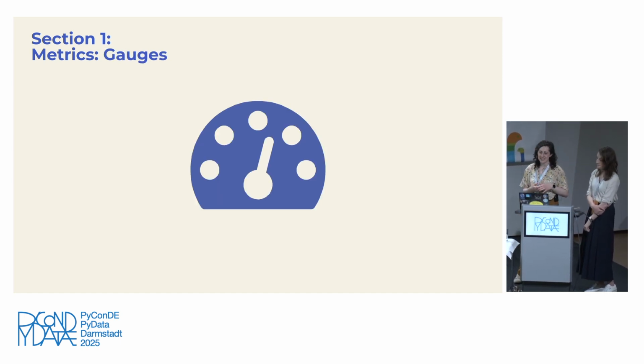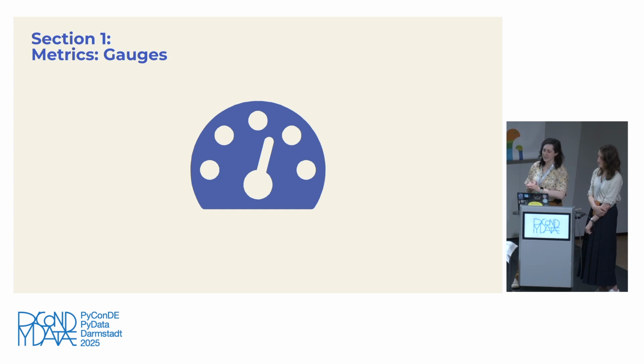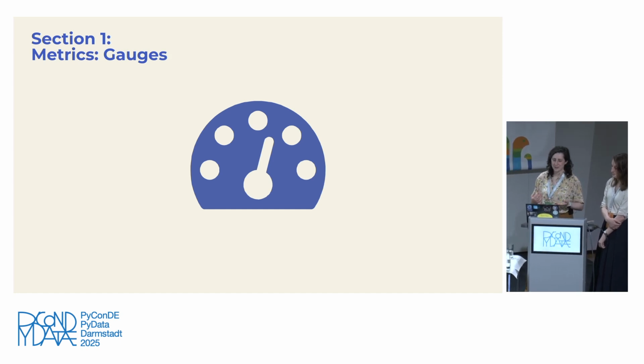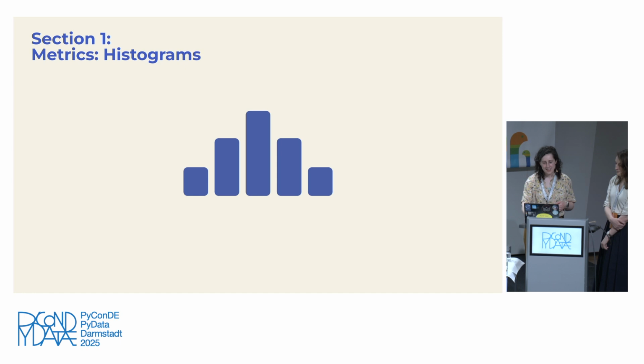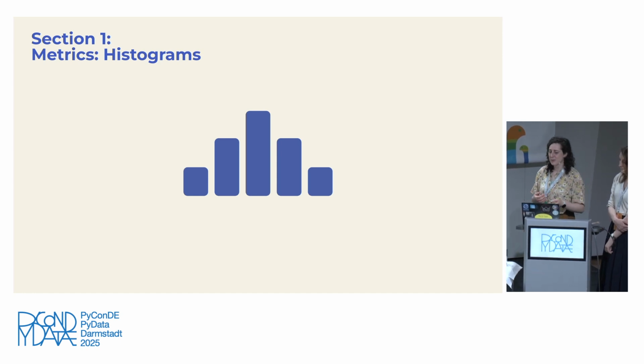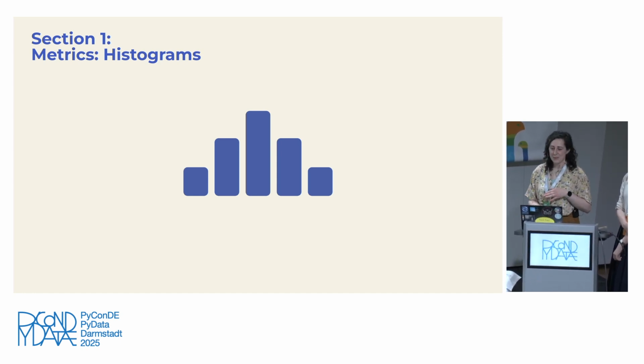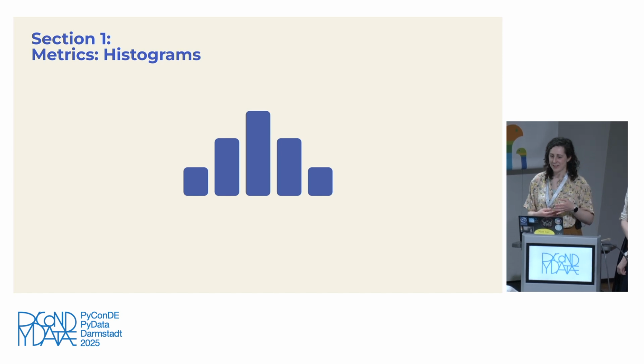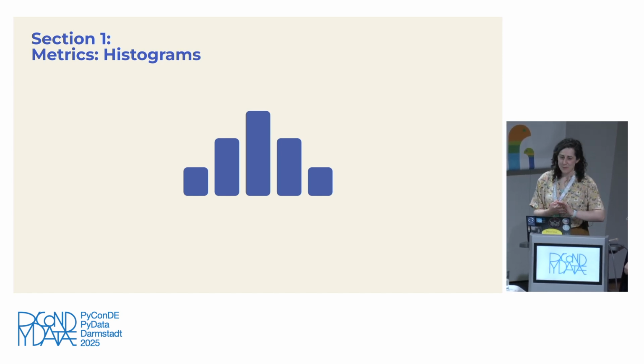A gauge is a sample of a value that can vary over time, and you might use this for tracking memory usage. And then there's also histograms, which are similar to gauges in that they are samples of an underlying value. But the samples are aggregated into buckets, which gives you a statistical view of the samples. So an example could be request latencies. A histogram allows you to answer questions like, what's the 95th percentile of our request latency?